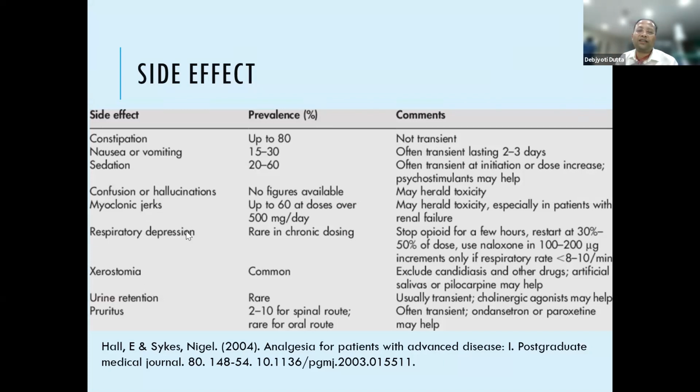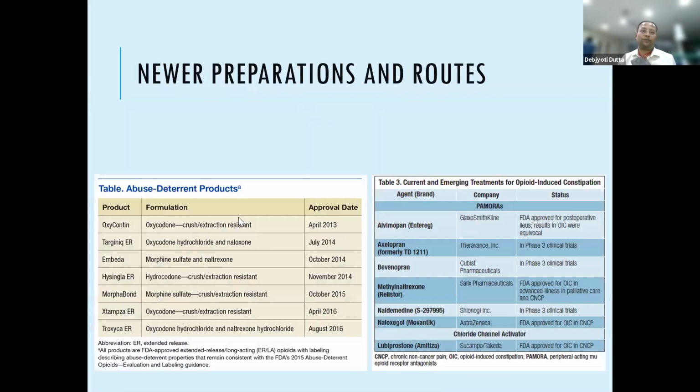If the opioid dose is more, the first symptom is sedation, then the respiratory rate falls, and then hypoxia. So sedation is the first thing that should strike your mind that we should decrease the opioid.